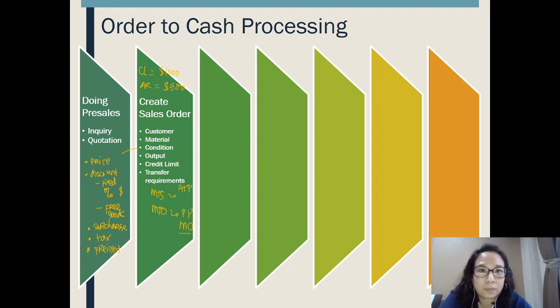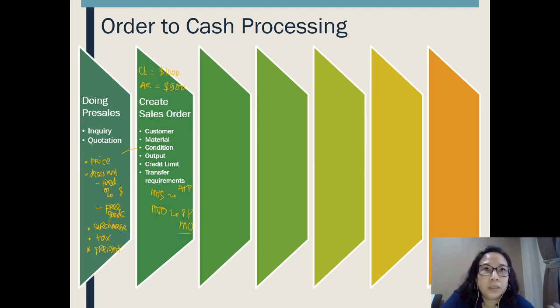Okay, so if you still remember, the reordering rules for the raw material. In terms of MTS, when we do the reordering rules, the system will check whether our finished goods are available or not.